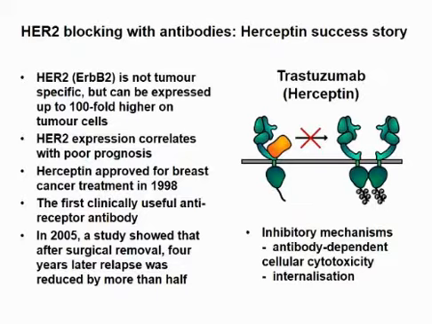So this antibody, big success story, and it actually turned a really nasty cancer with very poor prognosis into one that was treatable. So now, I mean, you never want to have cancer, but it's actually quite good to have HER2 positive cancer because it is treatable with this Herceptin antibody.